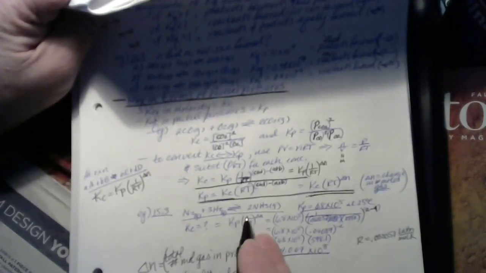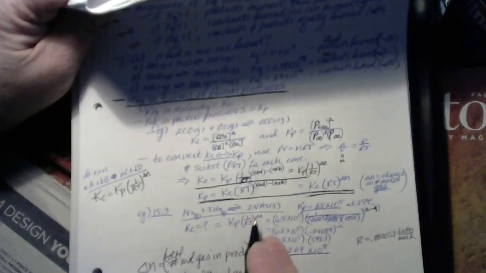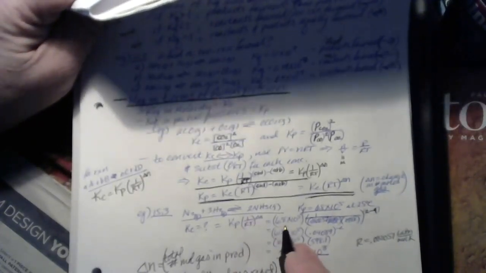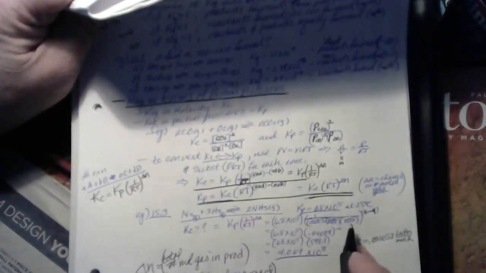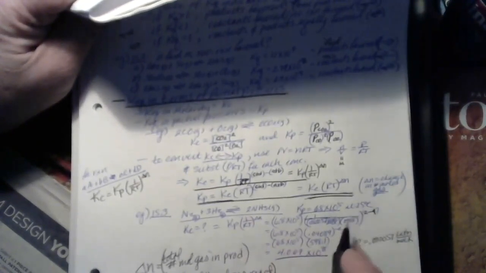Well, that's just going to be Kp times 1 over RT to the delta n power. So that's 6.8 times 10 to the 5th times 1 over RT. R is the gas constant, 0.082057, and the units being liter atmospheres over moles kelvins. And T is the temperature, but it does have to be in kelvins. So 25 Celsius is 298 Kelvin.